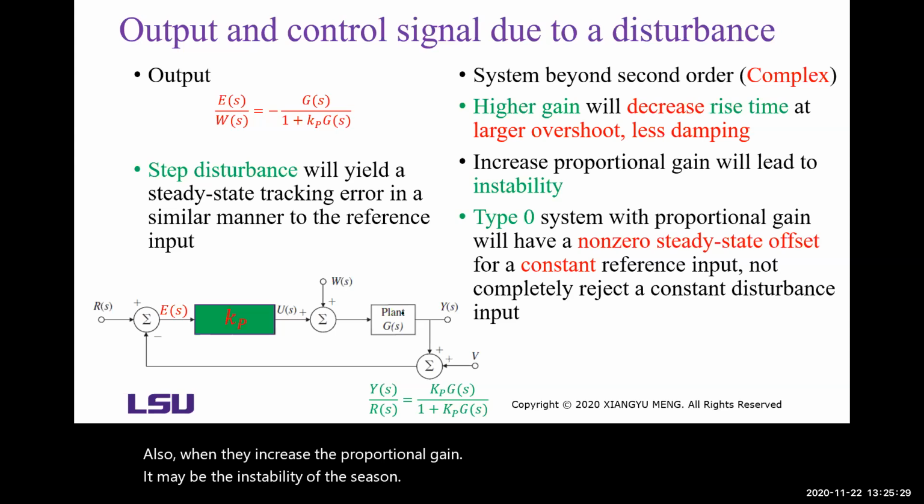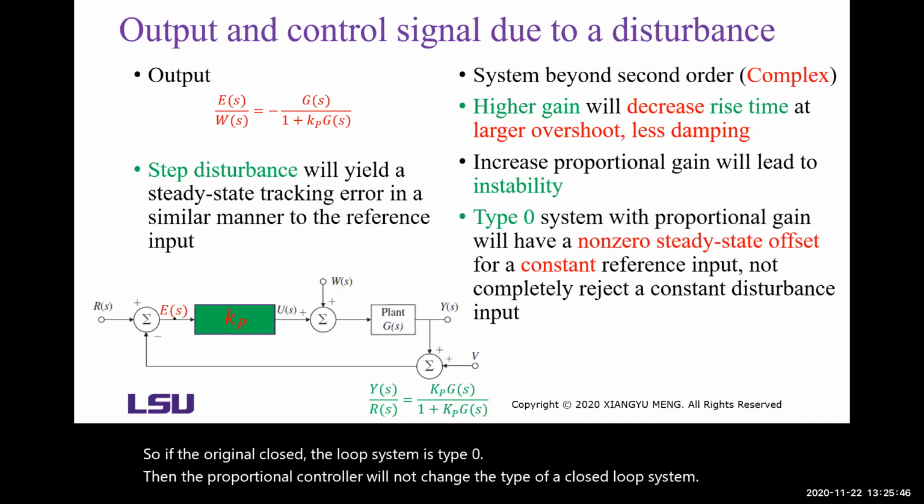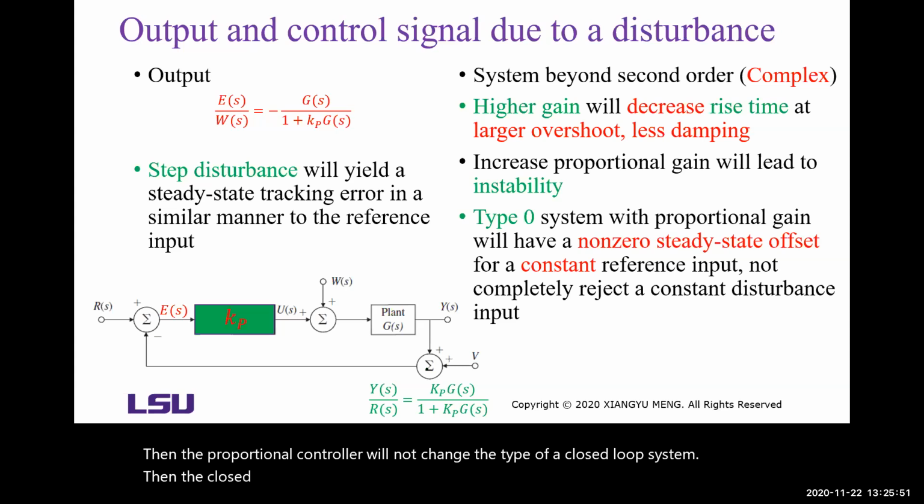So if the original closed loop system is type 0, then the proportional controller will not change the type of the closed loop system. Then the closed loop system is still type 0.